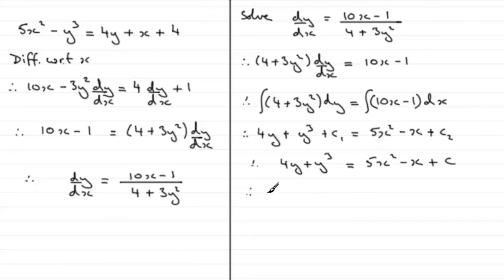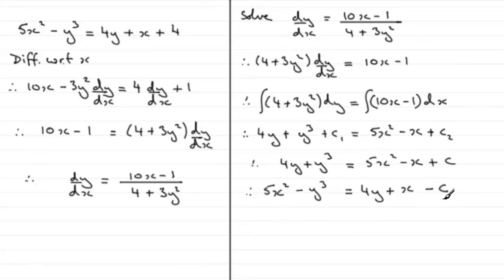We'll put the 5x squared term first: 5x squared, and then we'll subtract the y cubed from both sides. So you'd have minus y cubed equals, and we'll write down the 4y, and we'll add the x to both sides. So that'll give us 4y plus x. Okay? But then we'll subtract the constant c from both sides. So it'd have minus c.